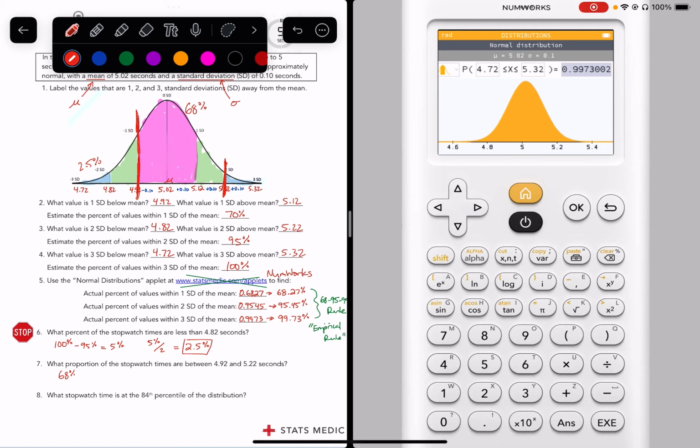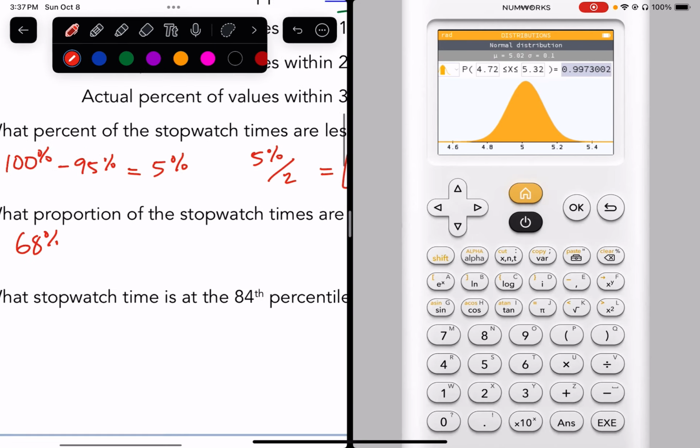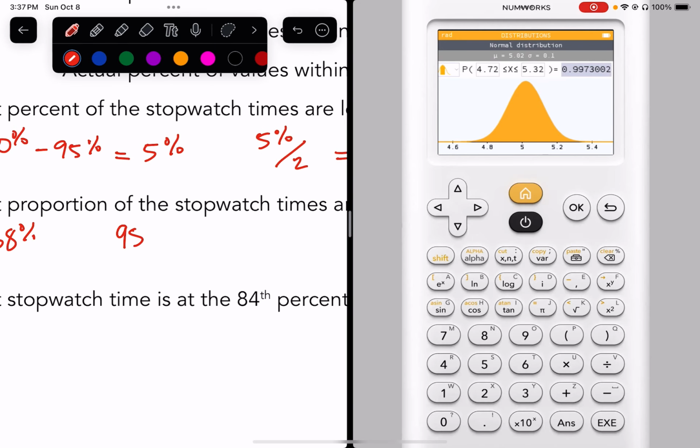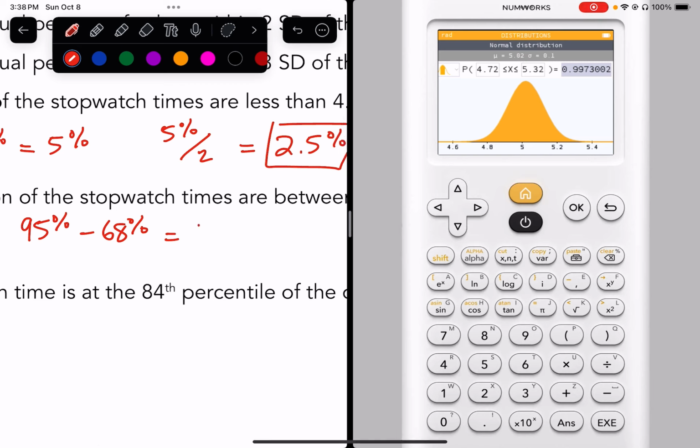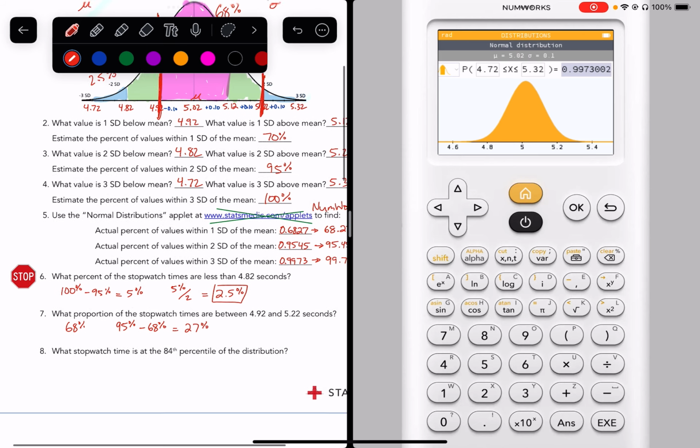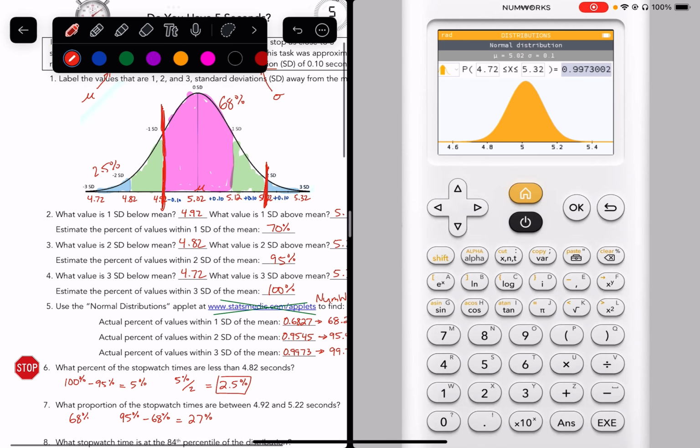So we're going to take 95% and subtract 68%, which gives us about 27%. So the green stuff combined, both of those, is 27%.